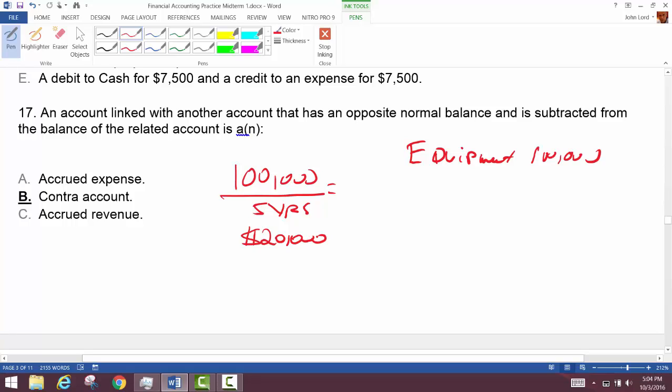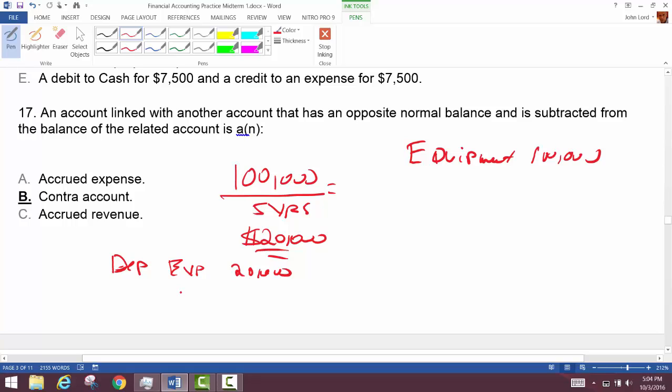Well, what journal entry do I make each year for this depreciation? Debit the depreciation expense for $20,000 and credit what?